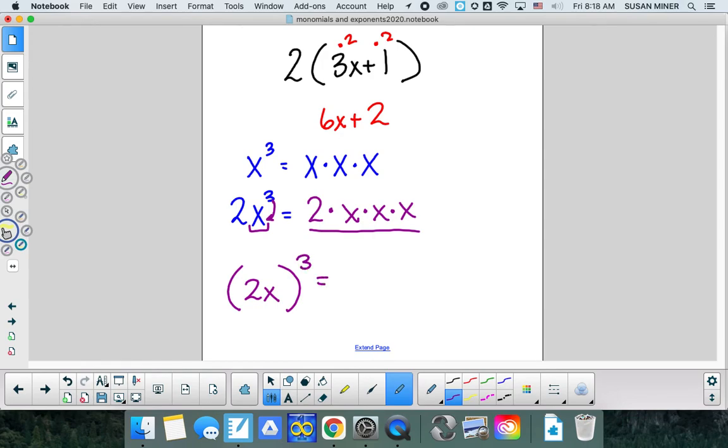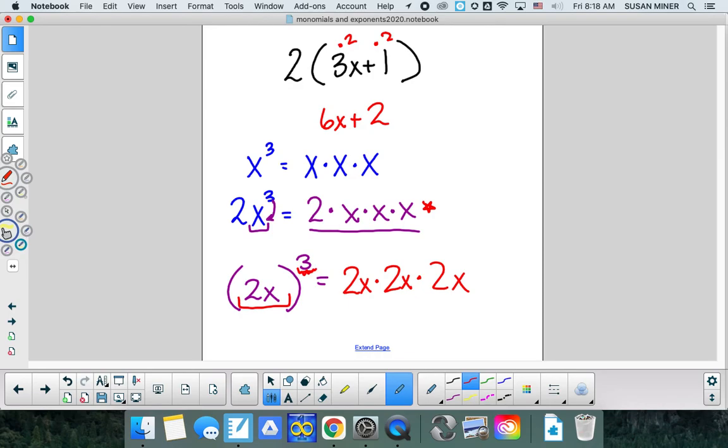Well, what the parentheses are telling me when I have this exponent outside of the parentheses is that anything inside the parentheses is now its base. So instead of having something like we had before, now it's telling me I have 2x times 2x times 2x. And so that would be the expanded form. Whatever is inside the parentheses is now getting multiplied the 3 times.